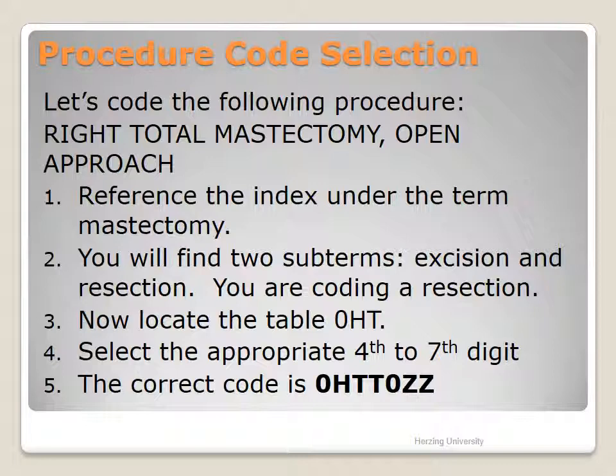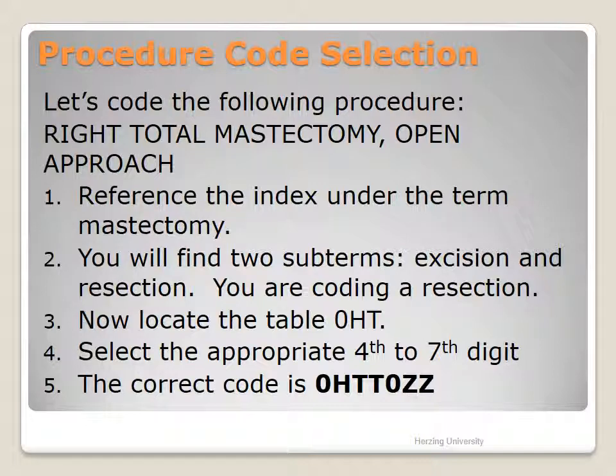Now, you will find two subterms, excision and resection. You need to make a choice. Is a mastectomy an excision or is a mastectomy a resection? That means you need to know the definitions of an excision versus a resection by PCS guidelines.